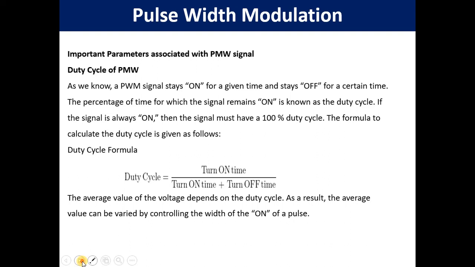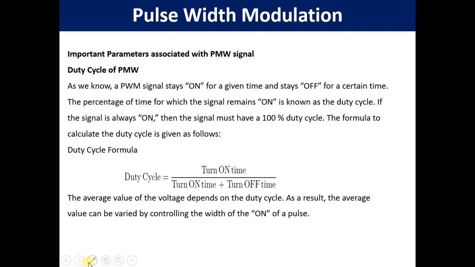What are the important parameters associated with a PWM signal? The PWM signal stays on for a given time and stays off for a certain time. Sometimes it works in the on condition, sometimes in the off condition. So from the on and off conditions, we can measure the duty cycle of the waveform.